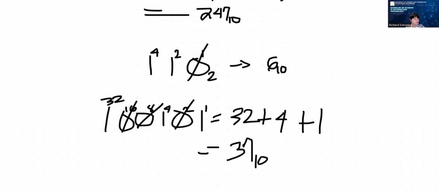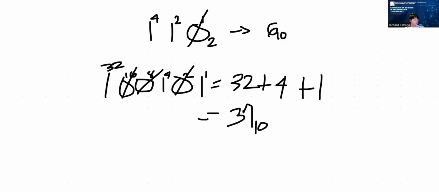Next video, we're going to convert octal to hexadecimal, binary to hexadecimal, binary to octal, etc. So we are now done with decimal to any number system and any number system to decimal. I'm going to create another video for the other conversions. I hope you got it. Converting is pretty easy.